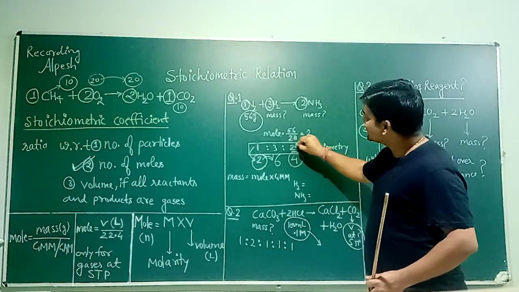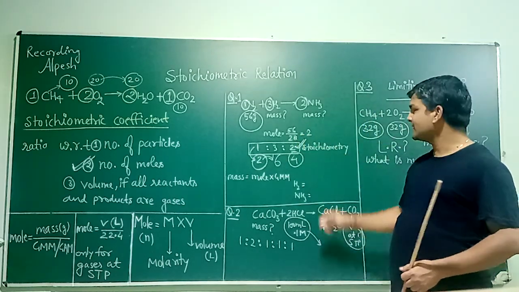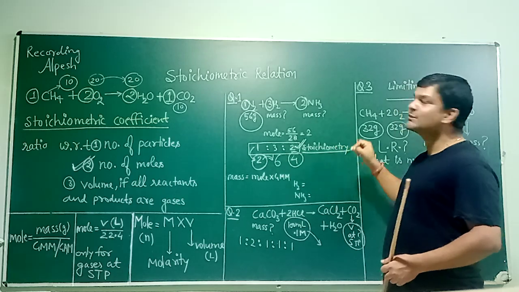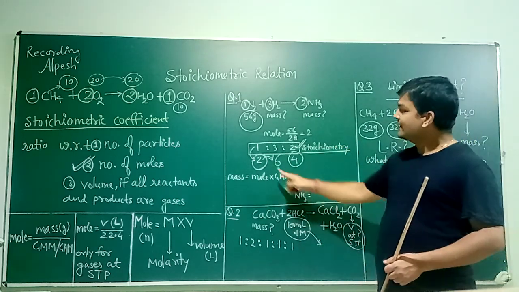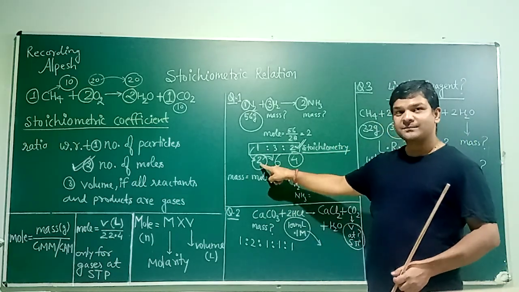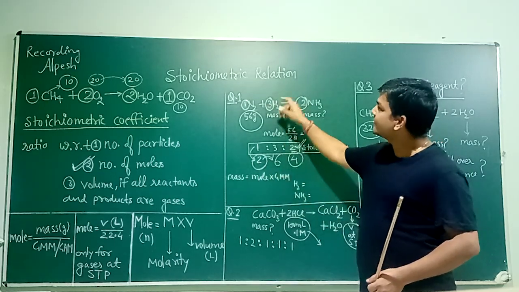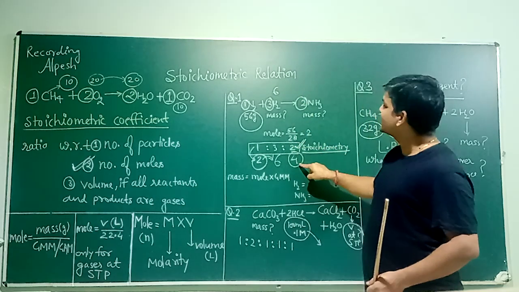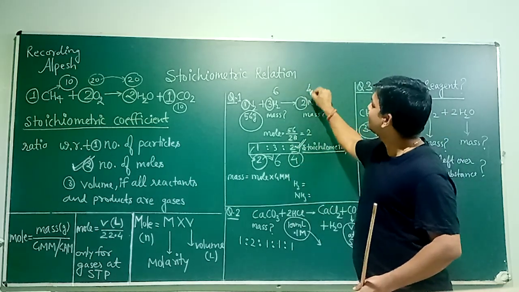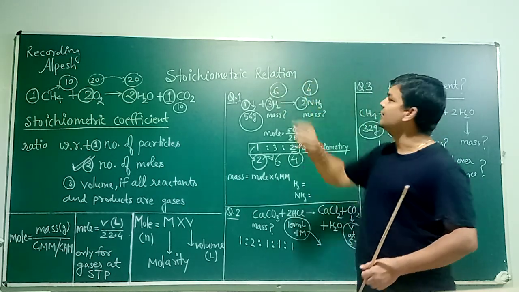Remember, this is as per the balanced chemical equation, which is also known as stoichiometric coefficient. This is given in the question, and this we need to find out. 6 moles of hydrogen is required, and as per our calculation 4 moles of ammonia will be produced.